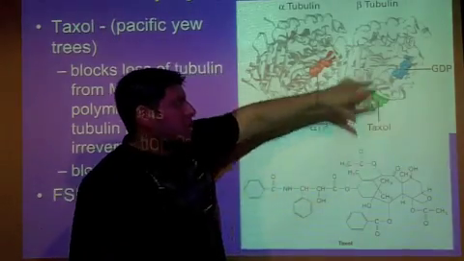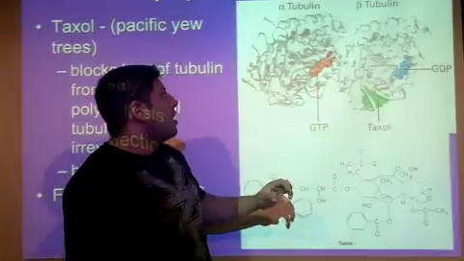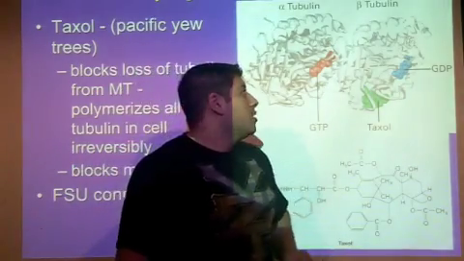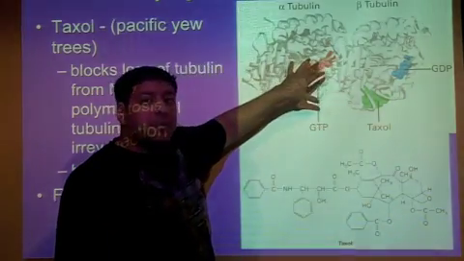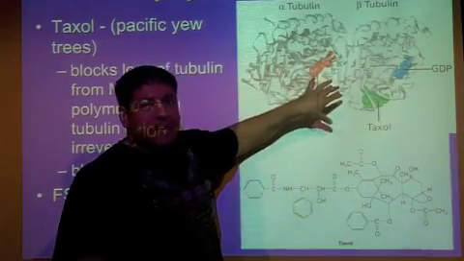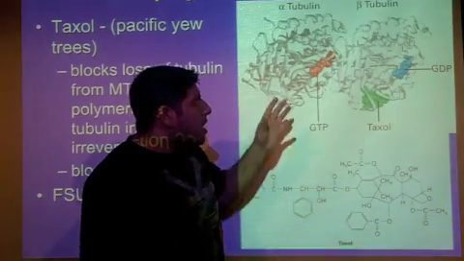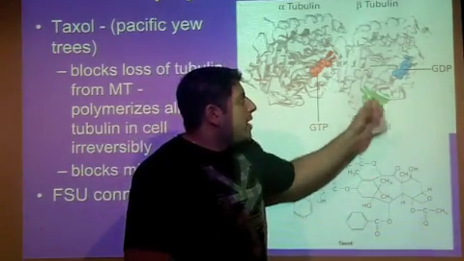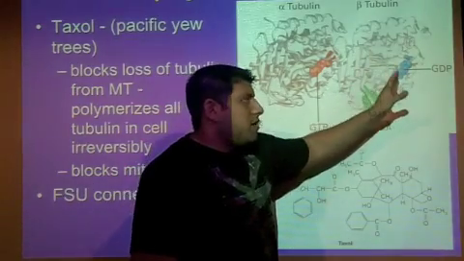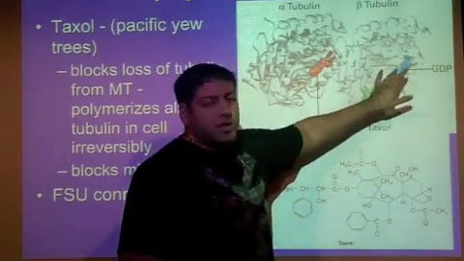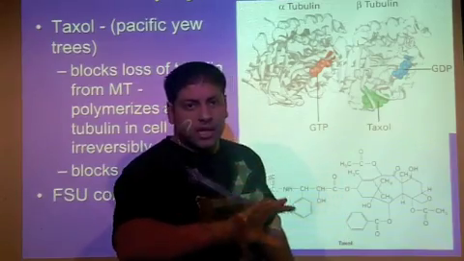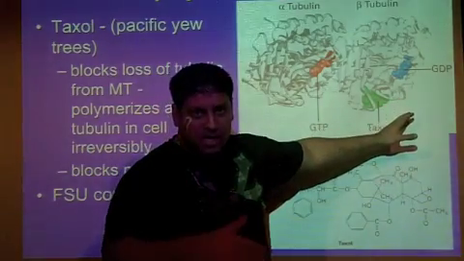So here's our picture that we saw earlier of the alpha-beta tubulin. Remember, there's a GTP always in the alpha that's simply serving a structural role. And then in the beta, we have the GTP/GDP illustrated here, because remember, the GTP eventually hydrolyzes to GDP.